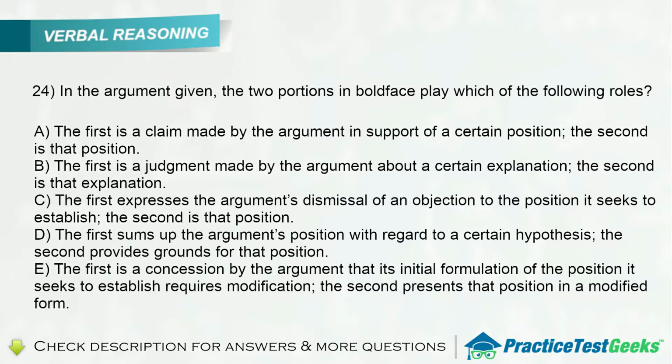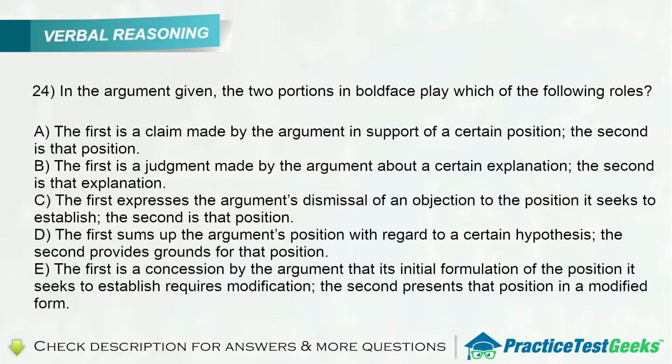Question 24. In the argument given, the two portions in boldface play which of the following roles? A. The first is a claim made by the argument in support of a certain position. The second is that position. B. The first is a judgment made by the argument about a certain explanation. The second is that explanation.